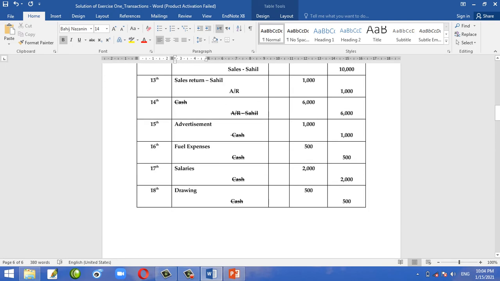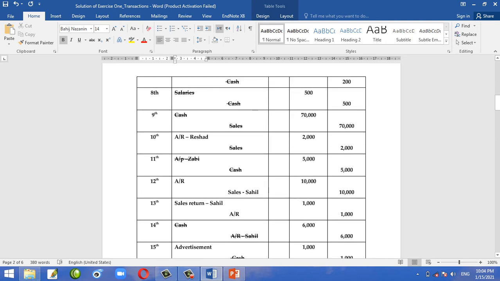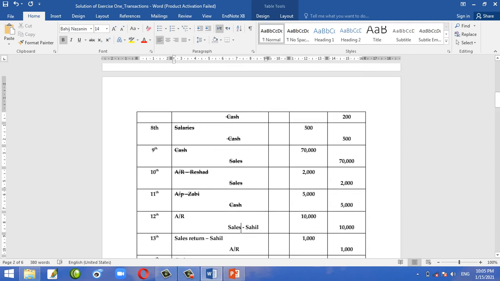The next one is account receivable, Rashad. Guys, you can write a separate account for account receivable Rashad and account receivable Sahil. Here we are writing account receivable in one ledger, because it's very hard to create separate ledgers for them.